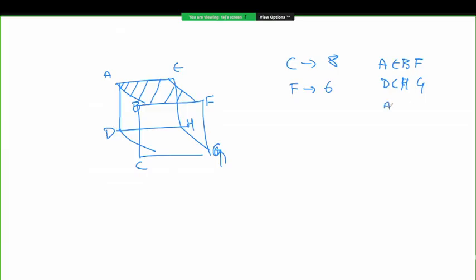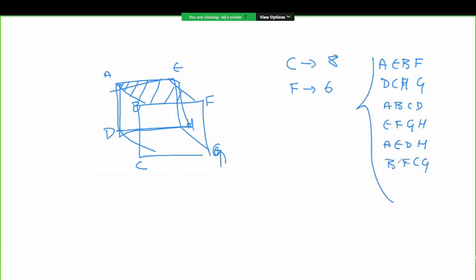ABCD is third. EFGH is fourth. Okay, where else? Behind. AEDH. Can you see this? AEDH, the behind one, fifth. Front one, BFCG. So totally 6 faces. Now, why is it important? Very important. Please focus.